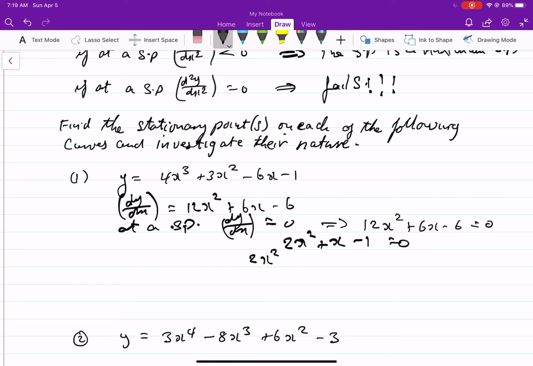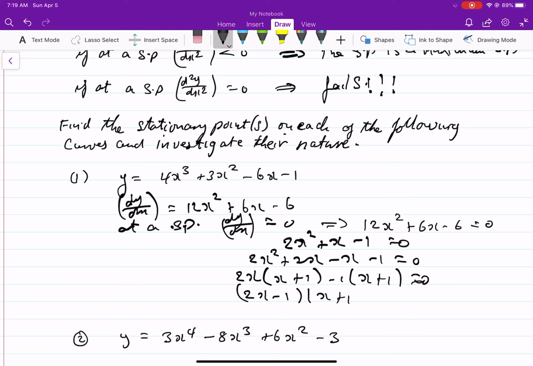So 2x squared plus 2x minus x minus 1. This is 2x into x plus 1, minus 1 into x plus 1, equals 0. So 2x minus 1 times x plus 1 is 0.